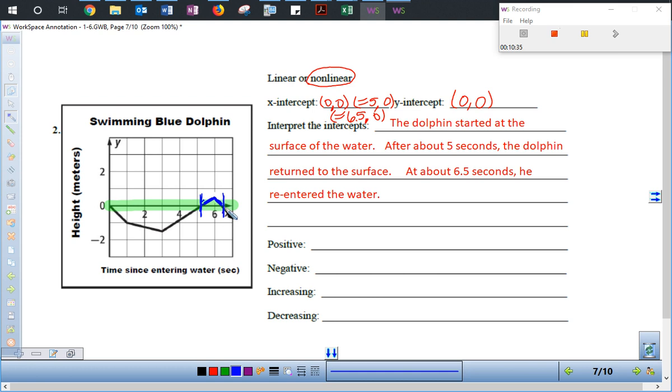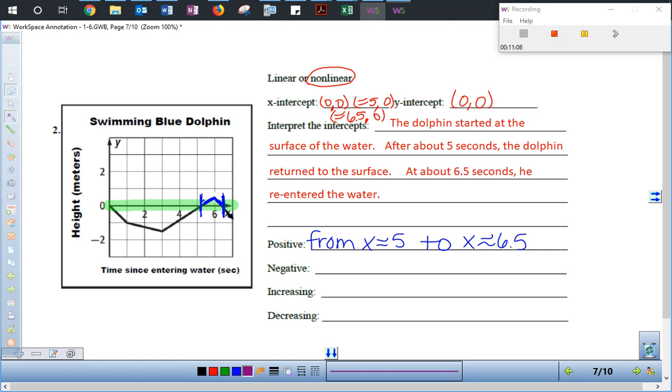So we talk about it being positive in terms of x. It is positive from x equals, now this right here was about 5 seconds, to where it stops being positive right here, which we said was about 6.5. So my graph is positive from x is about 5 to about 6.5.